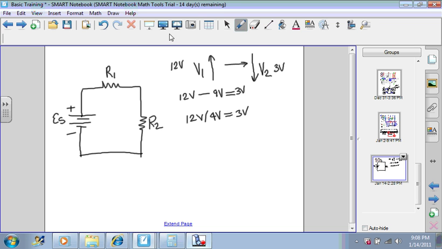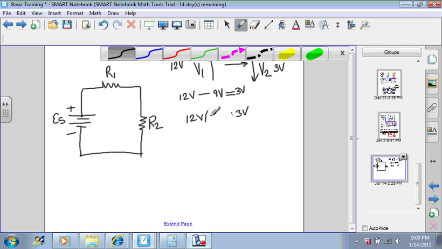Well, actually, you can't divide volts by volts. I'll correct that and just say that 12 volts divided by 4 will give you the 3 volts. Or you can rewrite this as saying 12 volts multiplied by 0.25 will also give you the 3 volts.